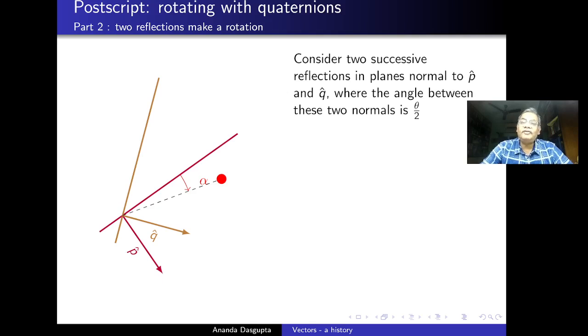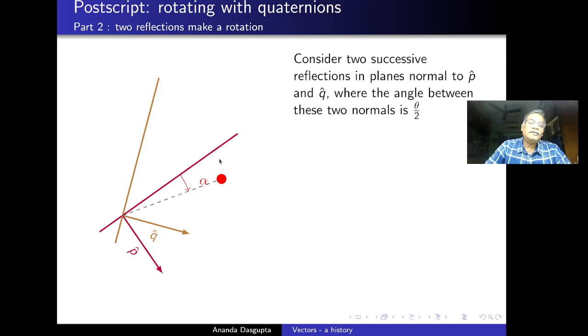Let's consider two successive reflections in planes normal to two unit vectors p hat and q hat, where the angle between these two normals, p hat and q hat, is theta by 2. And of course, that means that the planes normal to them, which I have just shown as lines, because I'm thinking of a slice which contains p and q.